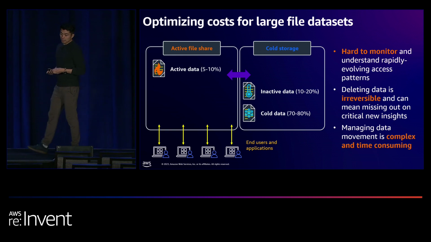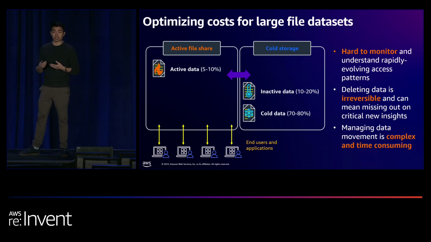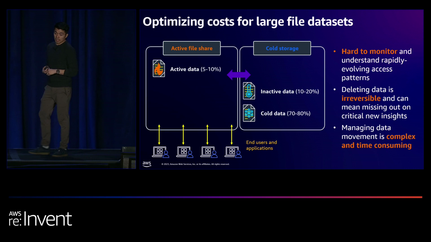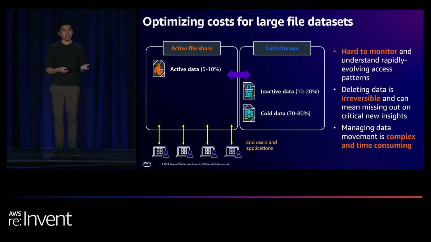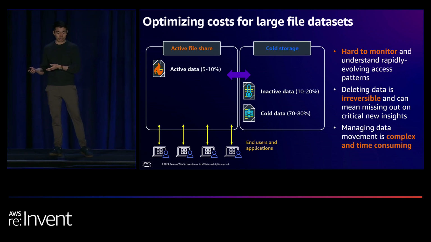And lastly, managing this data movement, if you do decide to move data to cold storage, is really complex and slows you down. So as I mentioned earlier, you need to track which subset of your data is cold. You need to set up processes to move that into colder storage.